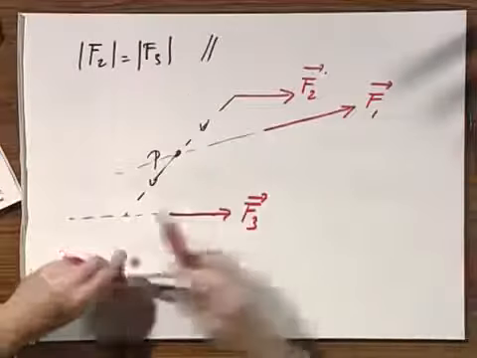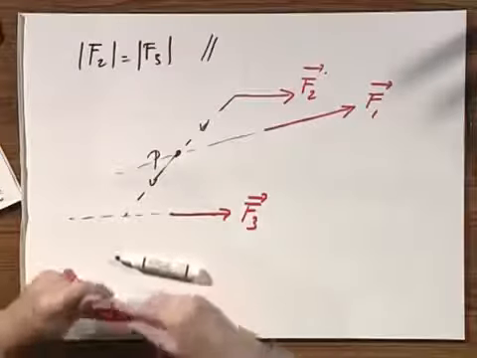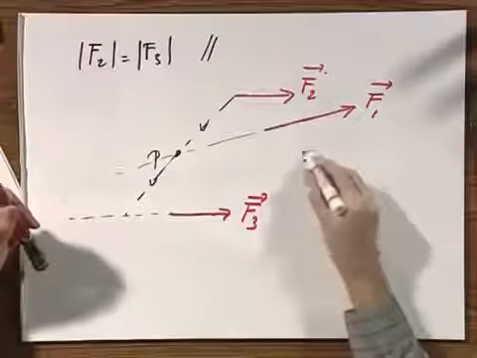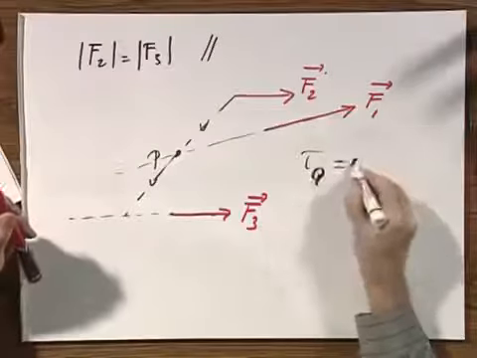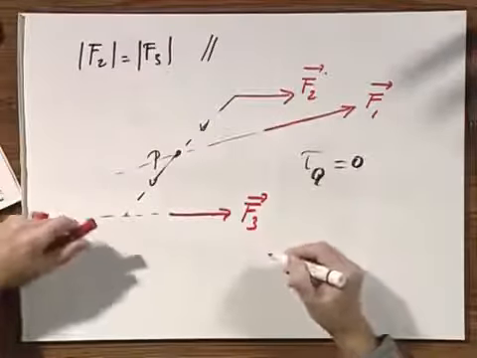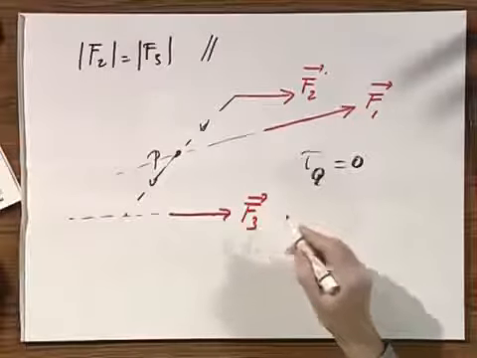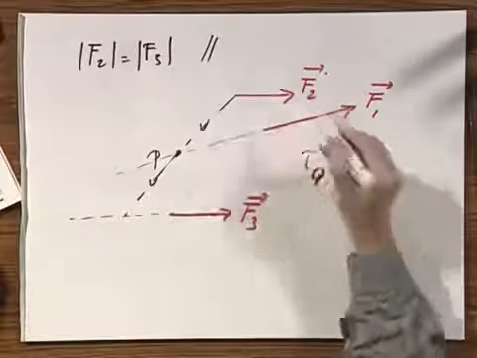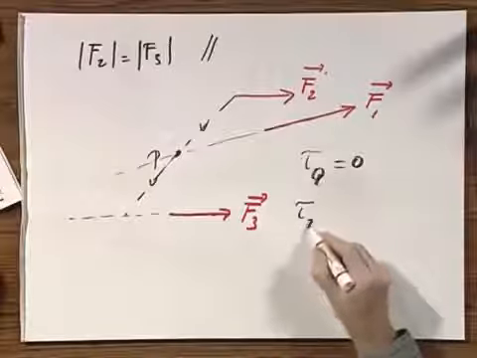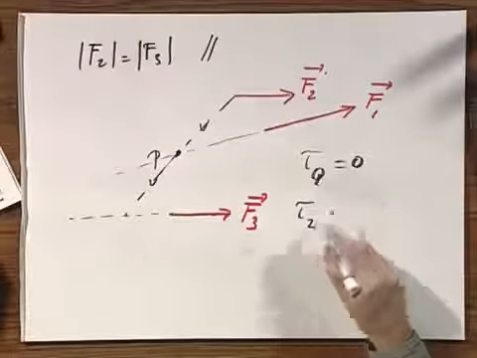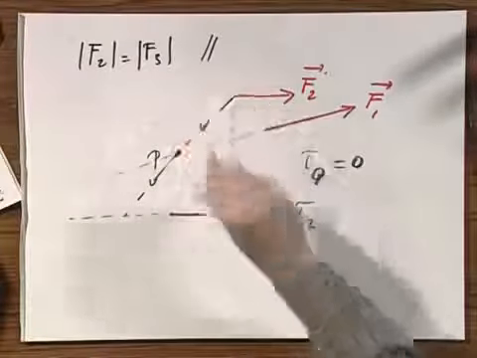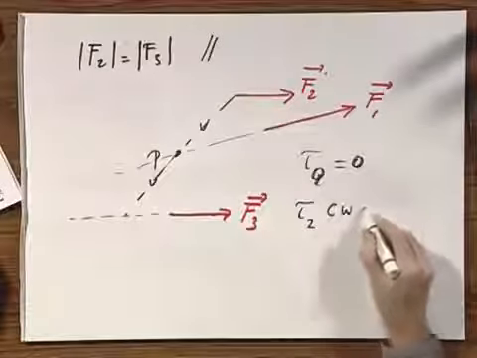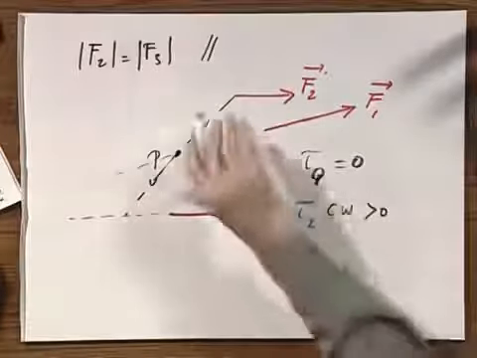It should be obvious now to you that the net torque relative to point P equals 0. If I think of the torque due to force 2, which gives me a rotation, it is a clockwise rotation, the torque would be larger than 0.